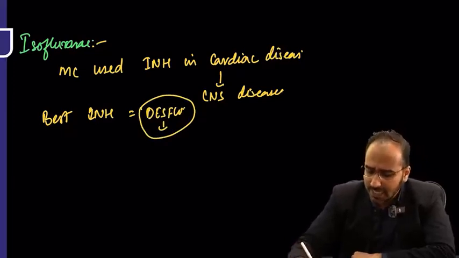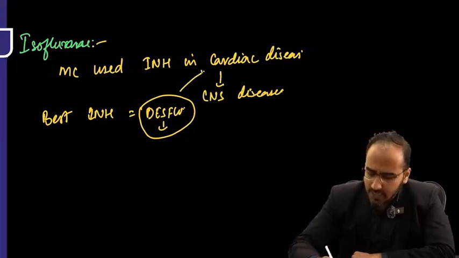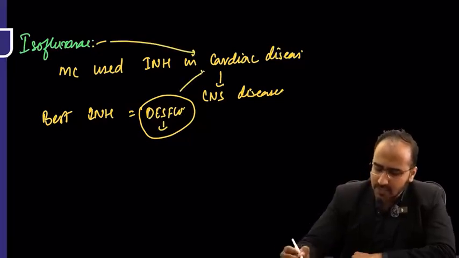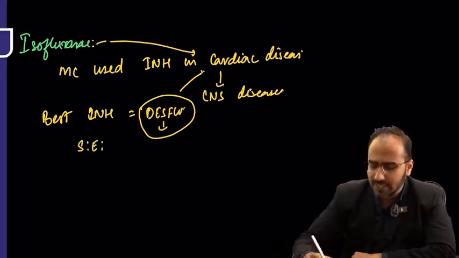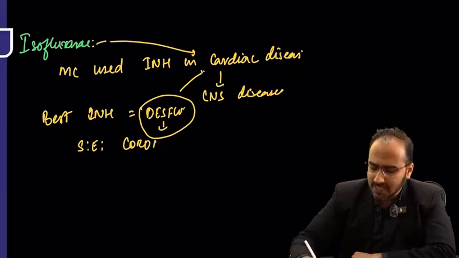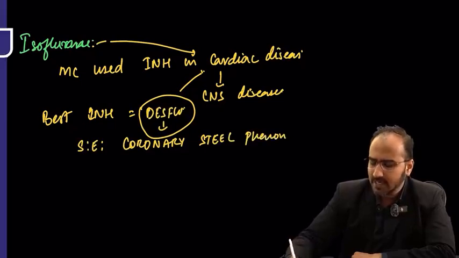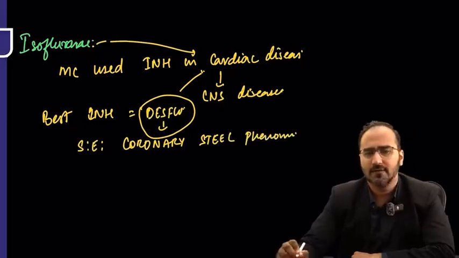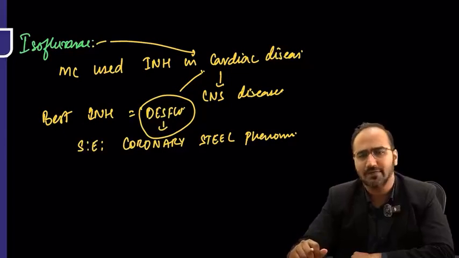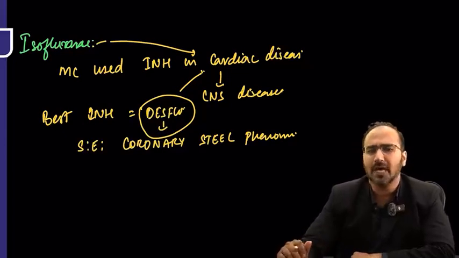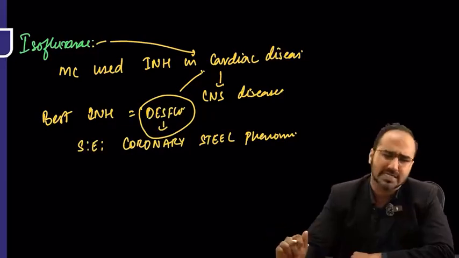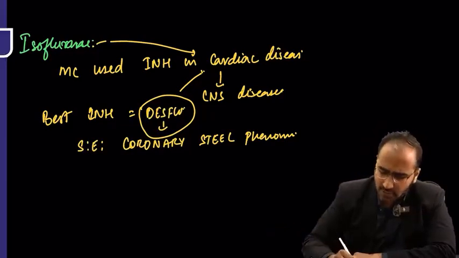So in cardiac patients, we use isoflurane, even though there is a side effect of isoflurane called coronary steal phenomenon. We have discussed coronary steal phenomenon in the detailed video. But again, it is proven only in animal studies, guys.